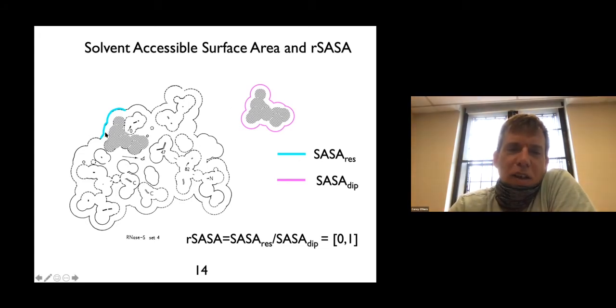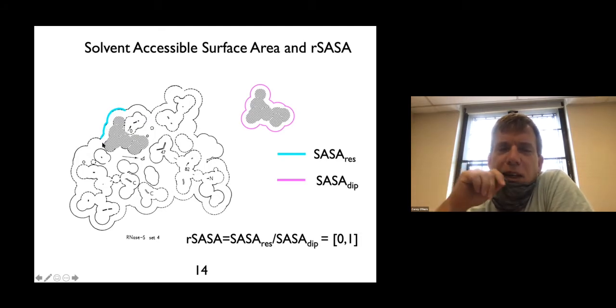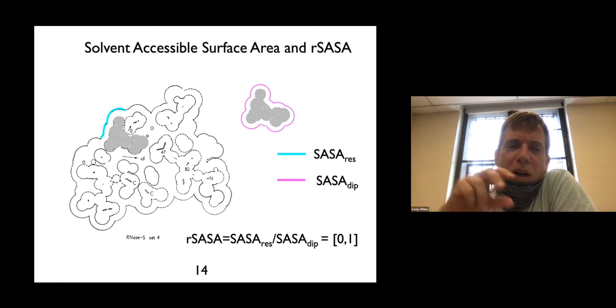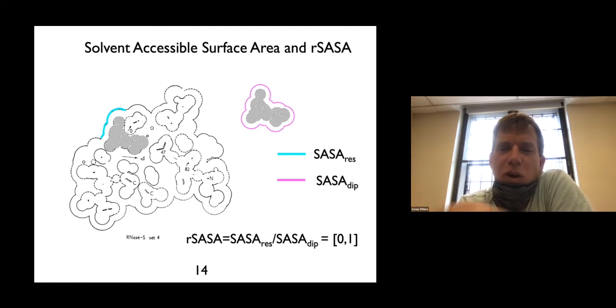Just a quick note is that here I'm just saying it's the complete exterior surface. That can be a little bit complicated because water molecules can intercalate and go into the inside. So what we do is we don't just do the exterior, we look wherever a water molecule can be placed inside the protein without overlapping an atom of the protein.